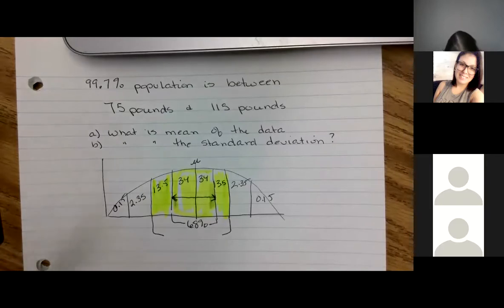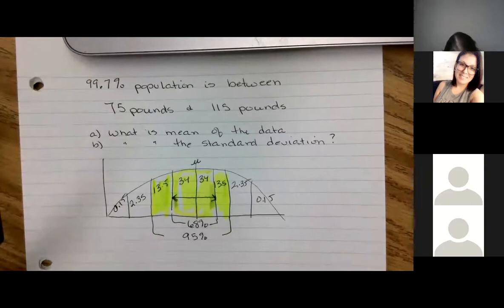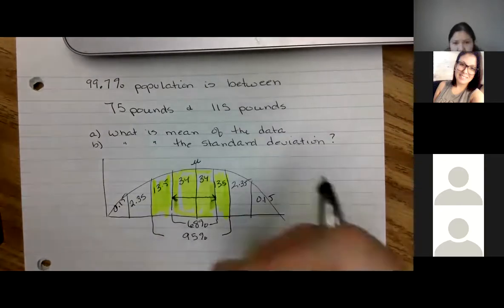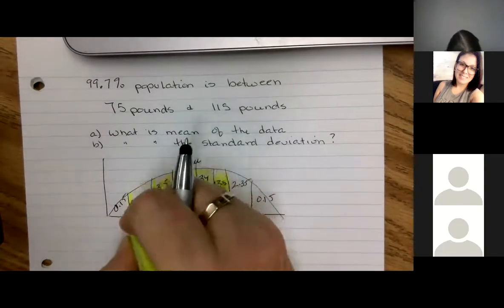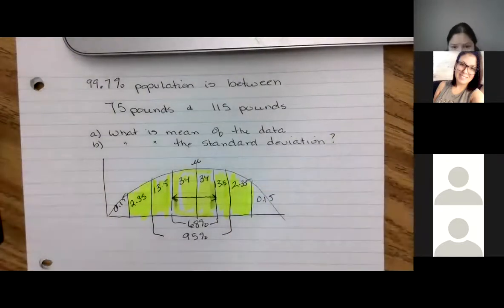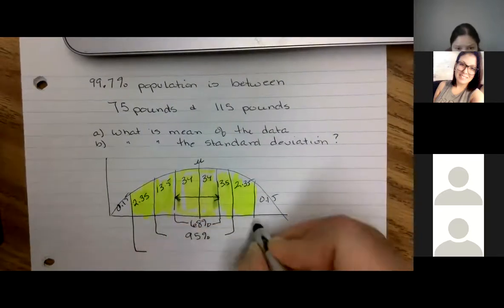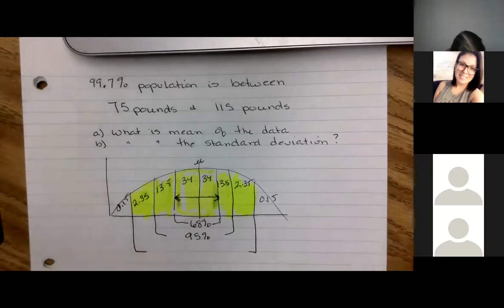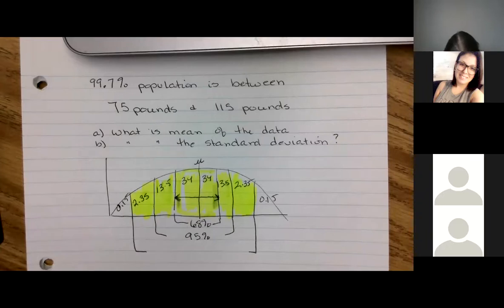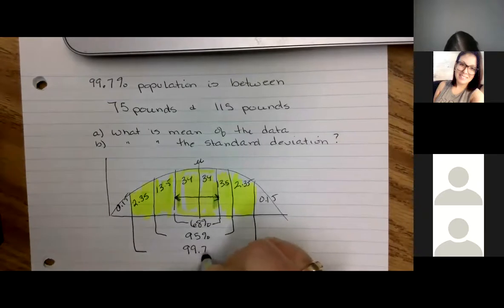It's 95%. All right, are we getting closer? Yeah. Are we there? No. All right. How about now? It's 99.7. Woohoo! All right. Thank you.